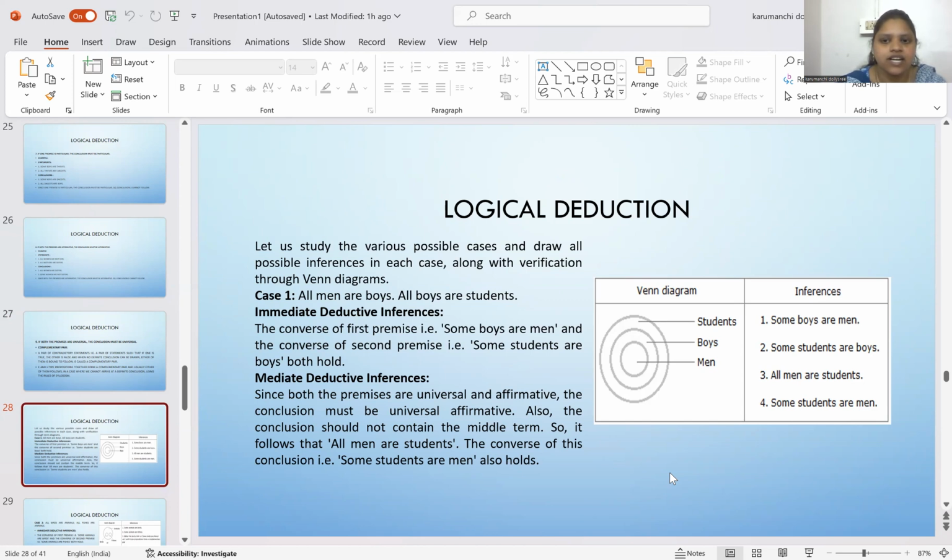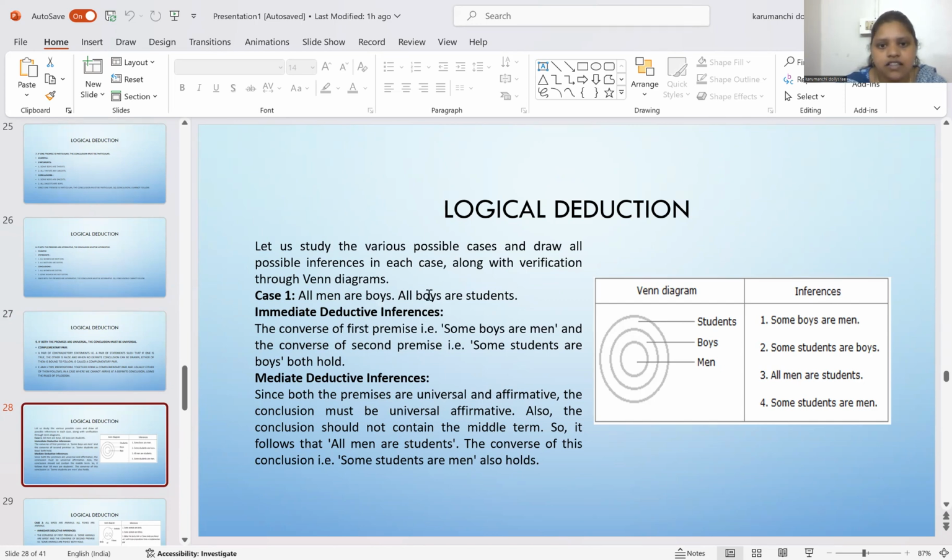So both hold. Since both the premises are universal and affirmative, the conclusion must be universal affirmative. Also, the conclusion should not contain the middle term.